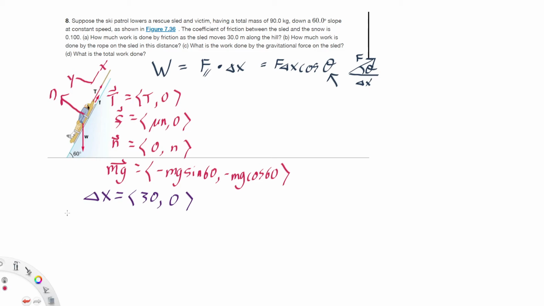Okay, so we're told that we are moving at a constant speed, which is our keyword for acceleration equals 0. So if we consider the sum of forces in the x direction, those should sum to 0.